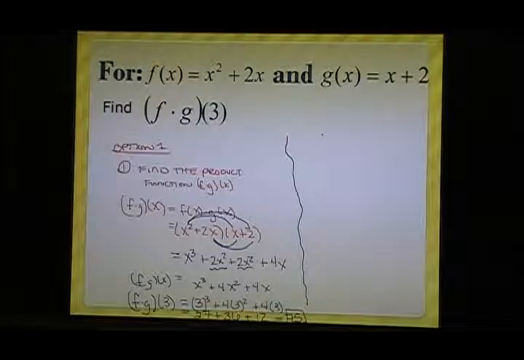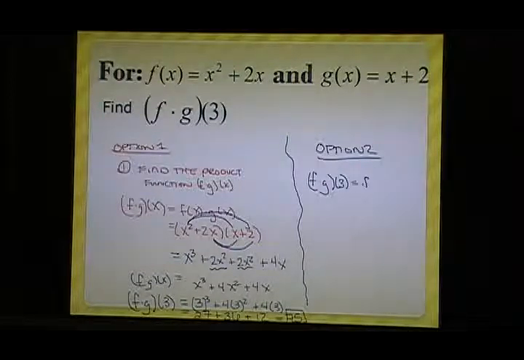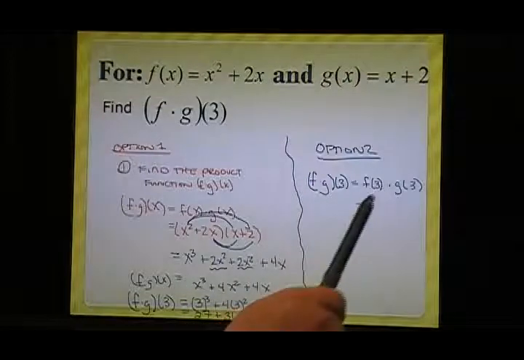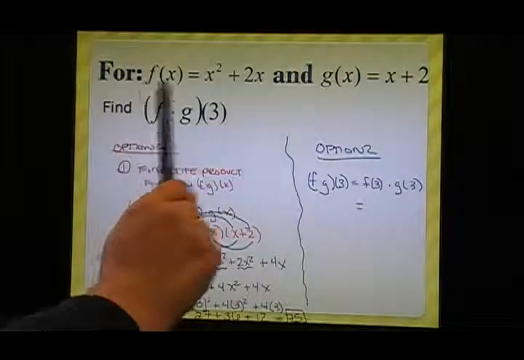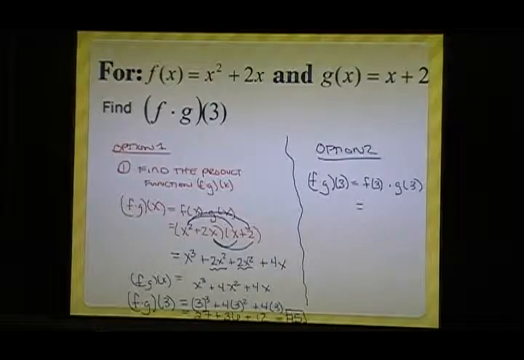Option 2, however, we can evaluate f times g of 3 simply by finding the value of f of 3 and multiplying it by the value of g of 3. So to find f of 3 again, we're going to substitute 3 into f.